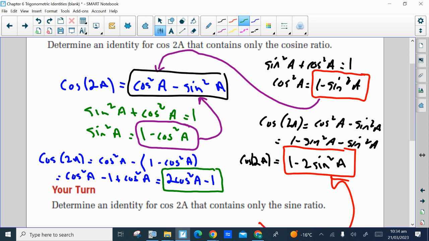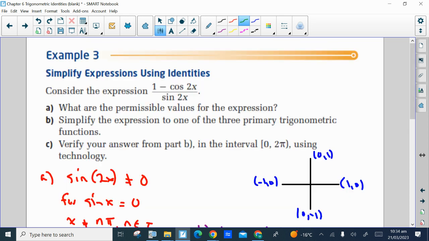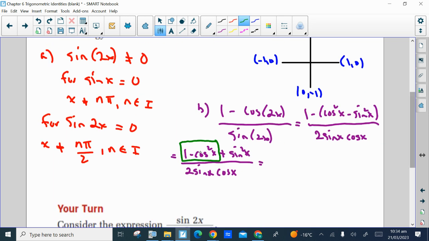And then we saw that sine squared a equals 1 minus cos squared a from that Pythagorean identity. And that's the one we're going to use. 1 minus cos squared a is equal to sine squared a. So 1 minus cos squared x is equal to sine squared x.